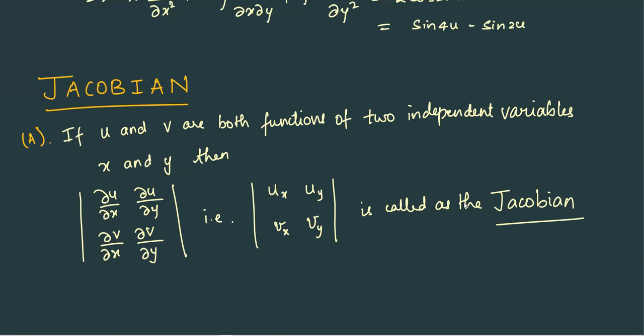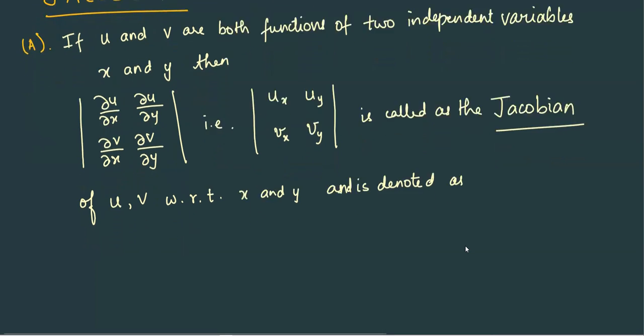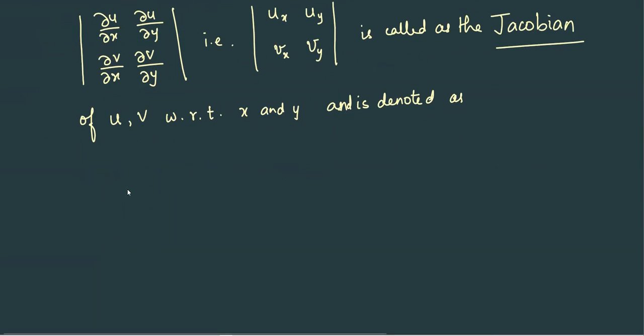This is the Jacobian of u, v with respect to x and y, and is denoted as ∂(u,v)/∂(x,y).